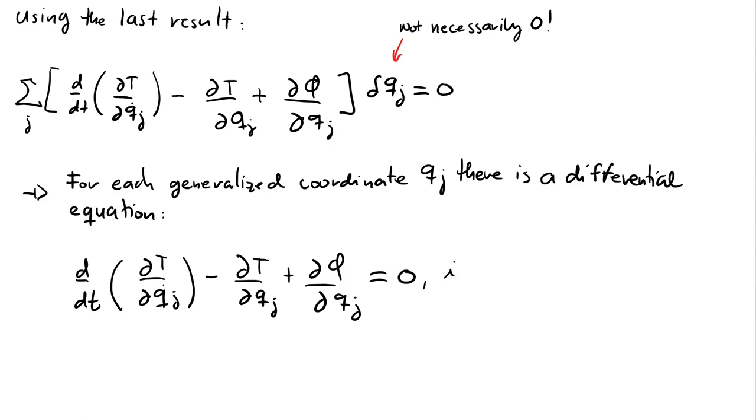If the function phi does not depend on time and on the time derivatives of the parameters q, that is, phi is a potential energy function, then we can write the equation for the jth particle as the derivative of the kinetic energy T minus the potential energy function phi.